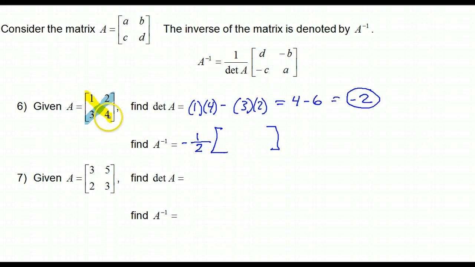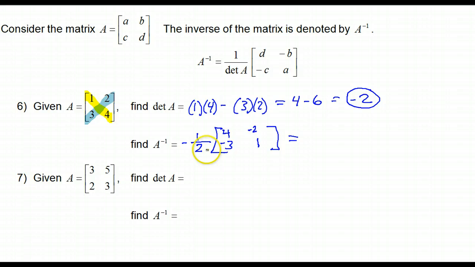So 1 and 4 on the down diagonal will become 4 and 1. Now the up diagonal is negated. They're not reversed or anything, but because this is 3, I'm going to have -3, and because this is 2, I'm going to have -2. We're just doing the formula.